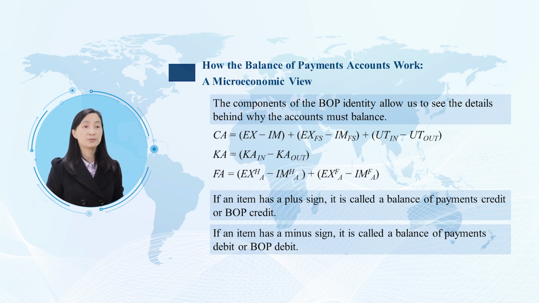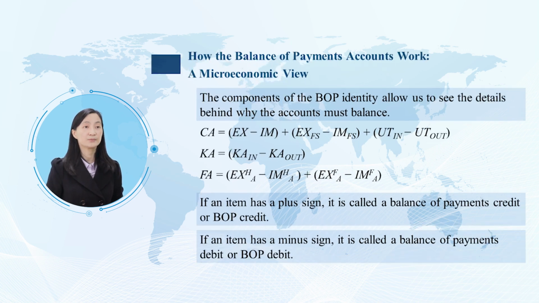As you can observe from these equations, there are 12 transaction types, each preceded by either a plus or minus sign, and 3 accounts, CA, KA, FA, in which they can appear.